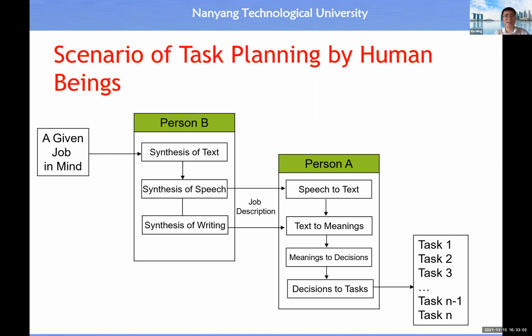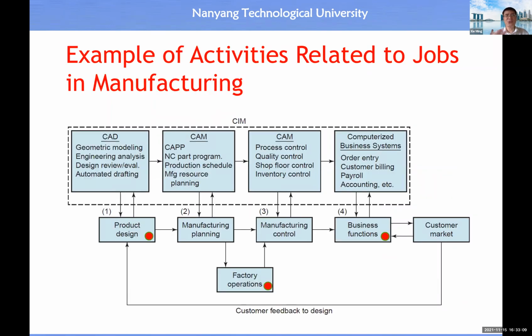So this is a typical scenario of doing task planning by human being. Here I just show you some activities involved in task planning which will be undertaken by human being. For example, you may have heard of the name CIM. CIM means computer integrated manufacturing.